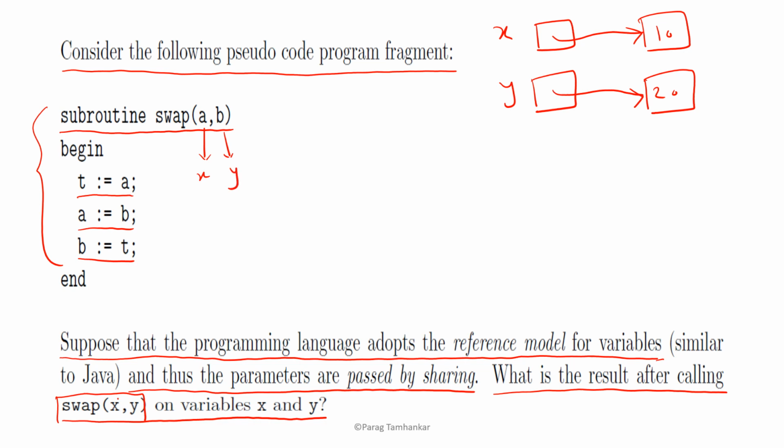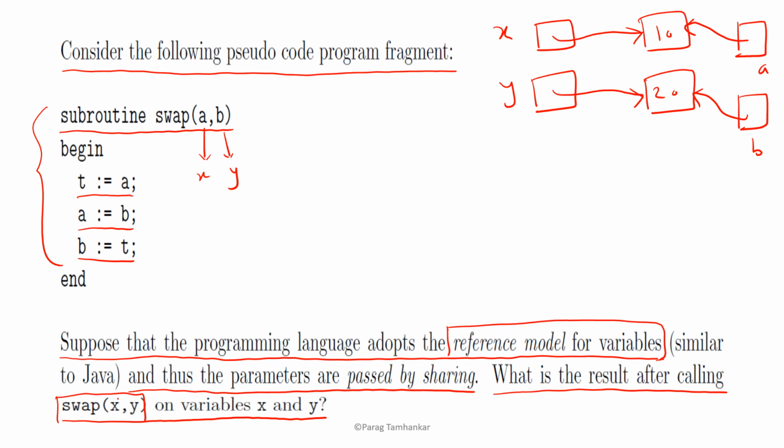So this means that a will refer to where x is referring to, and b will refer to where y is referring to. Okay, so that is what it means, right? x is referring to 10, so hence a will also refer to 10, because we have the reference model for variables. y is referring to 20, hence b will also refer to 20.